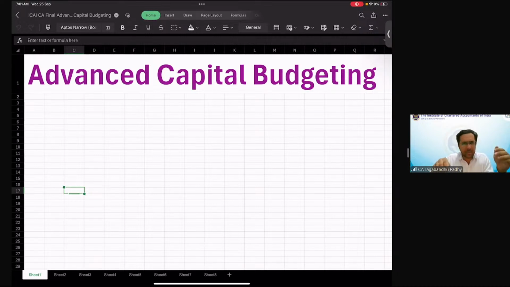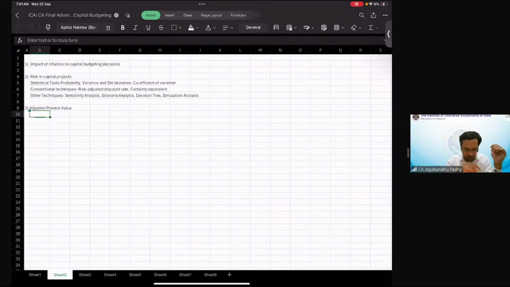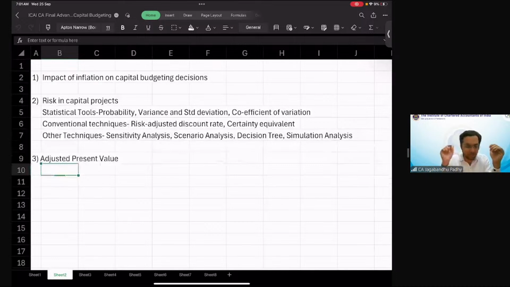So we had started with this topic with a brief understanding of what we have covered at CA inter level. And then we had a roadmap of what all things we are going to cover in this typical chapter of advanced capital budgeting.